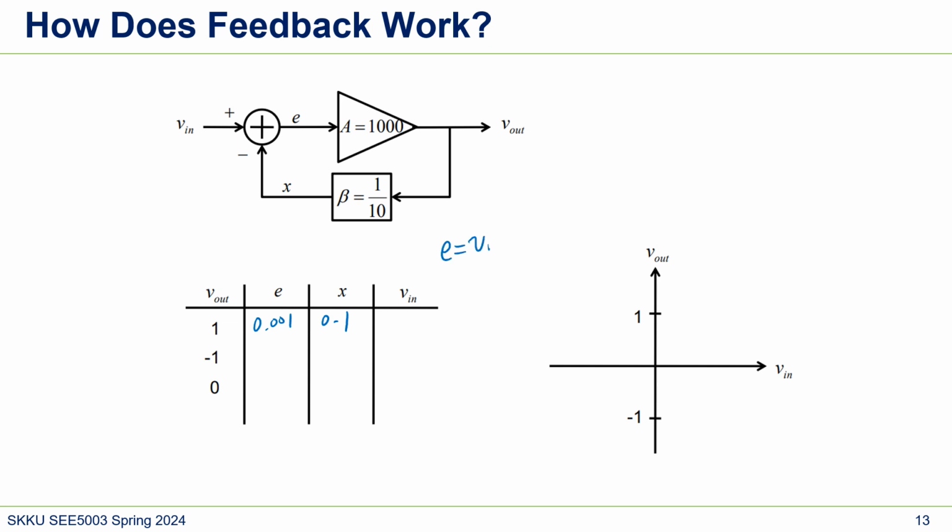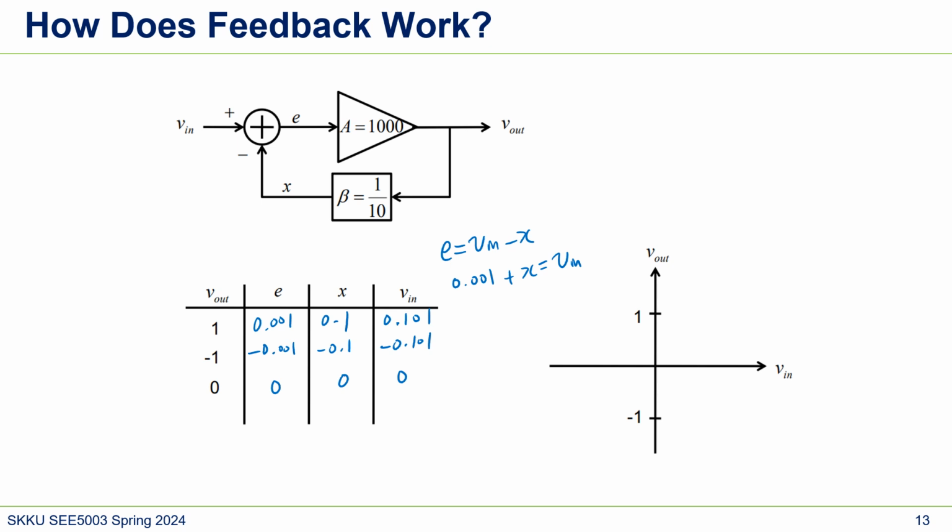E is V in minus X, but E is 0.001, plus X is V in actually. So V in would be 0.101, right? What if V out is minus 1? This is the same, similarly minus 0.101. And if V out is 0, then error is 0, X is also 0, V in also 0.